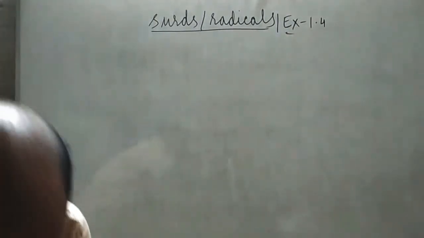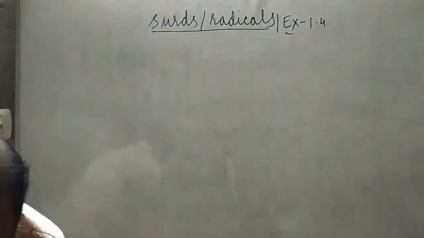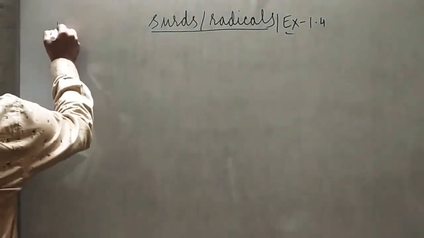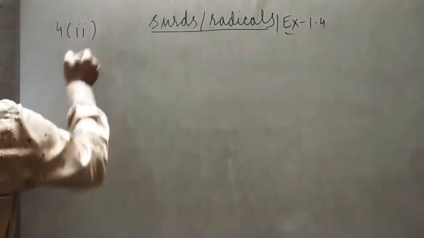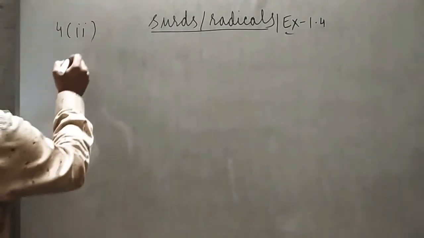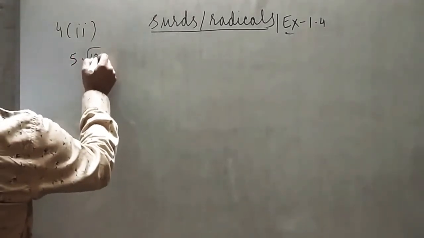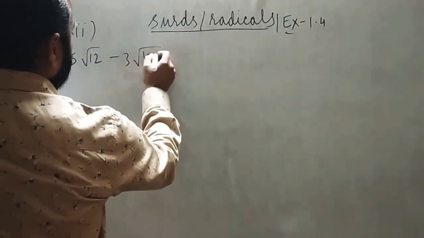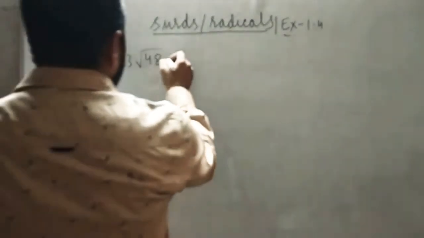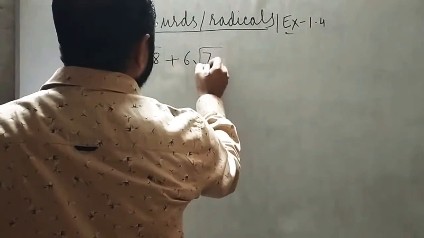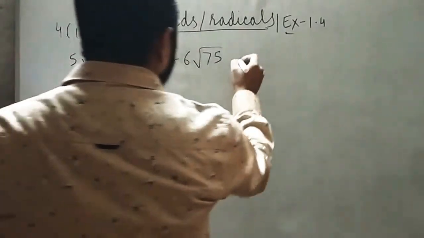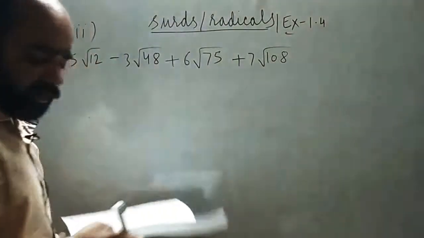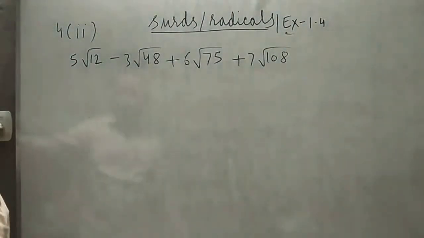So next is question number 4, second part. Five root 12 minus 3 root 48 plus 6 root 75 plus 7 root 108. Clear? So this is the question.